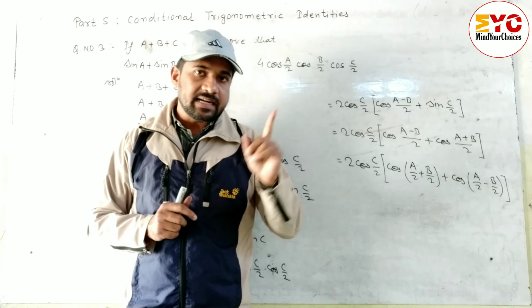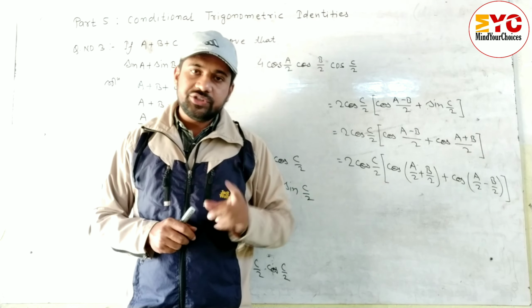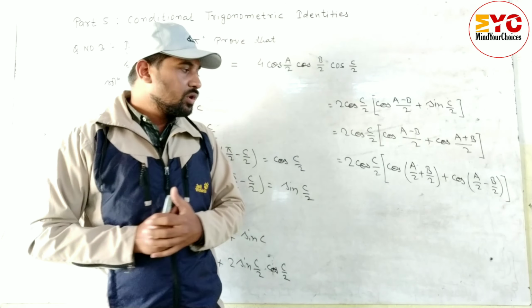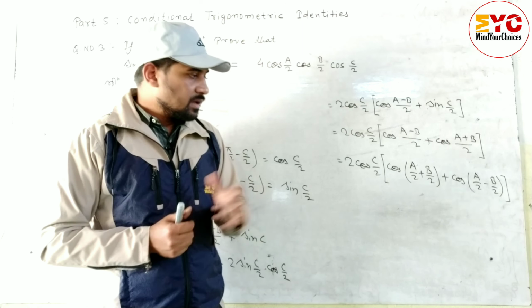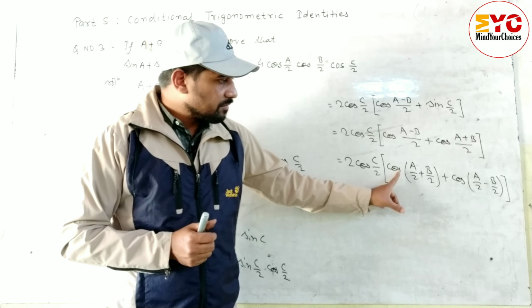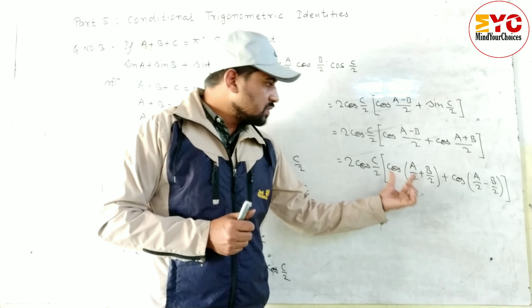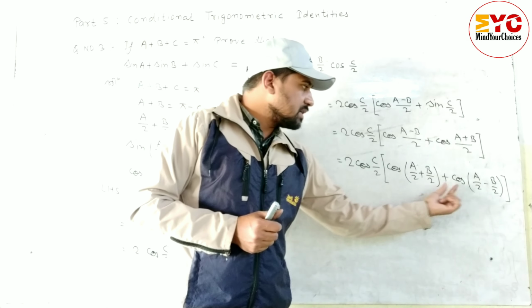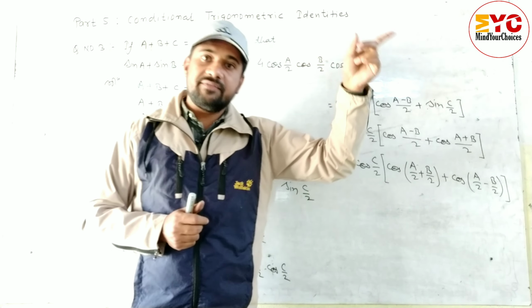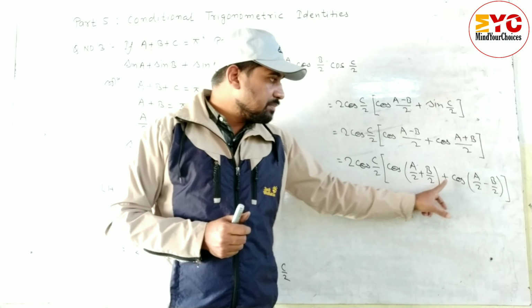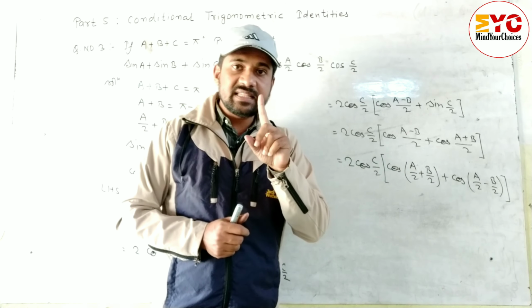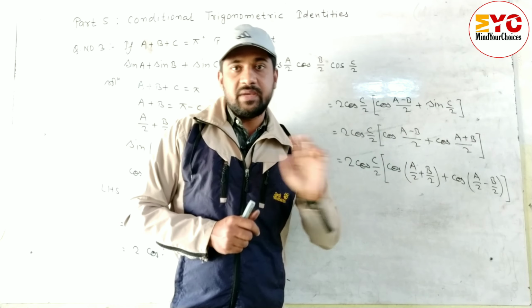When I started part 4 short questions, before that I provided you a few formulas. At that time I gave you the formula of cos (a plus b) plus cos (a minus b). Without using the formula of cos c plus cos d, you can use another formula, cos (a plus b) plus cos (a minus b). The formula is 2 cos a cos b.